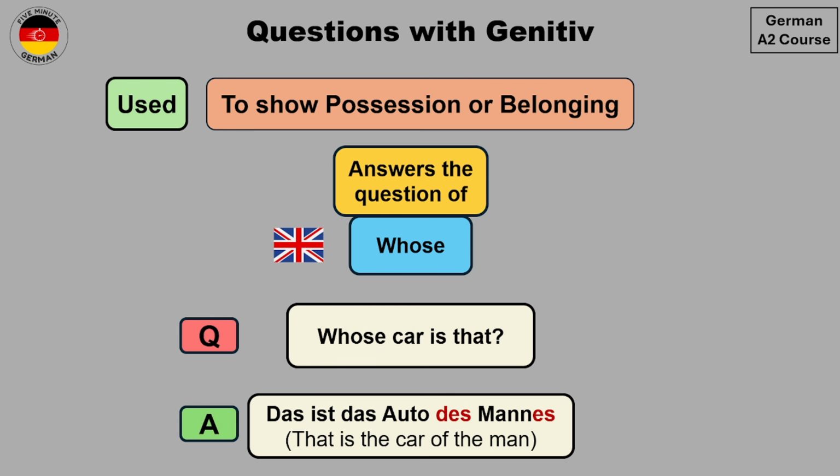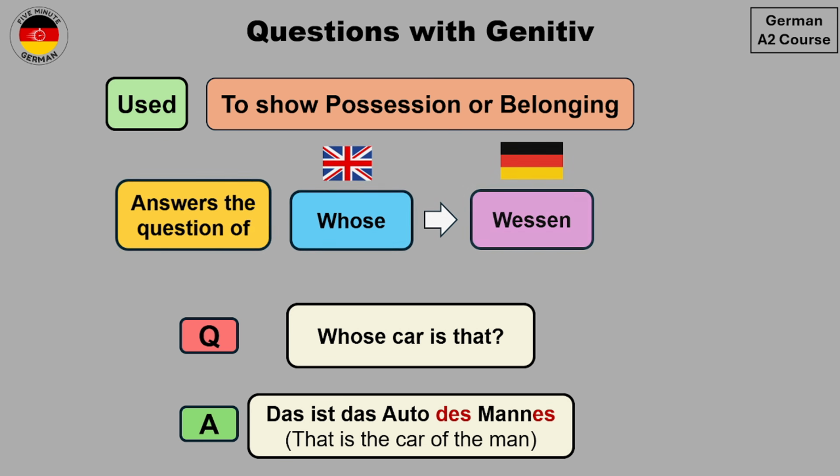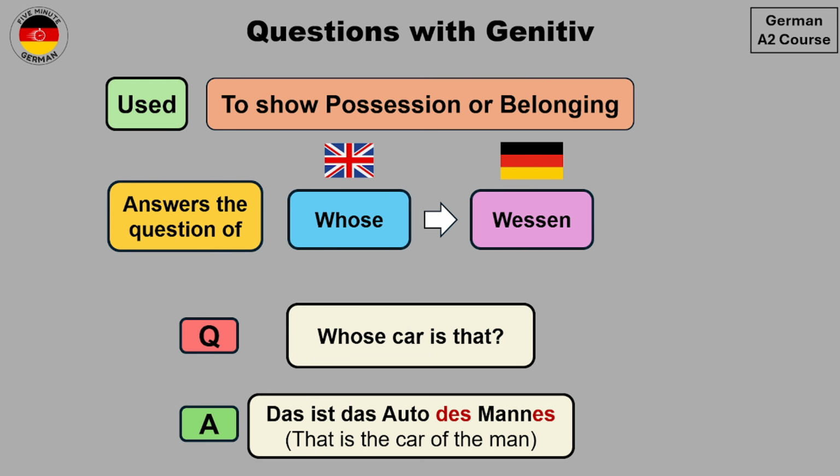That is the car of the man. And for whose, we have the German word wessen. So this is a W-Frage, which means whose. So we can write the question "whose car is that" in German as "Wessen Auto ist das?" And we can answer it by saying "Das ist das Auto des Mannes."